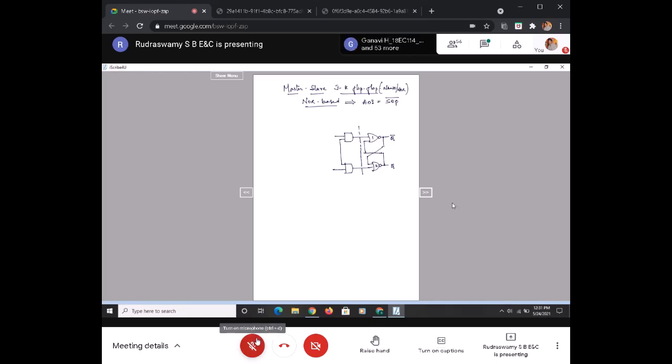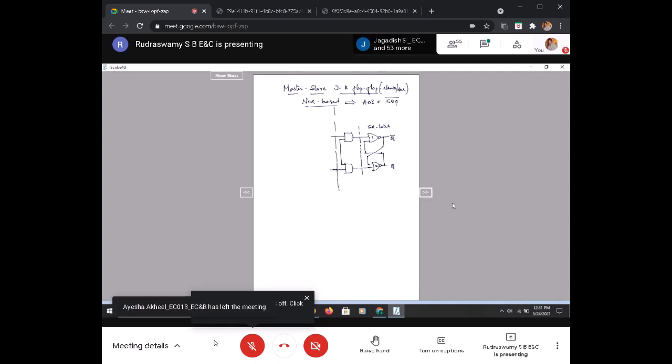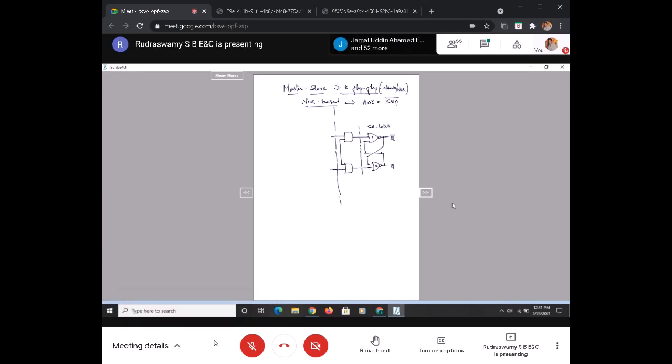Without clock, it is just an SR latch for me. Okay? And what is this now? What is the entire thing on the right side of the big bifurcation that I have done? Clocked SR. That's it.